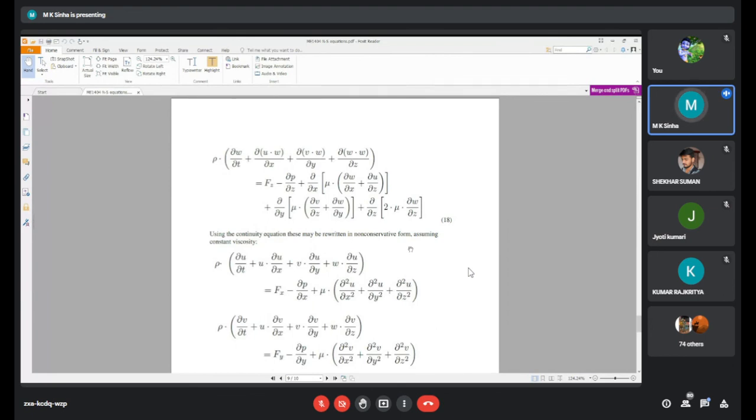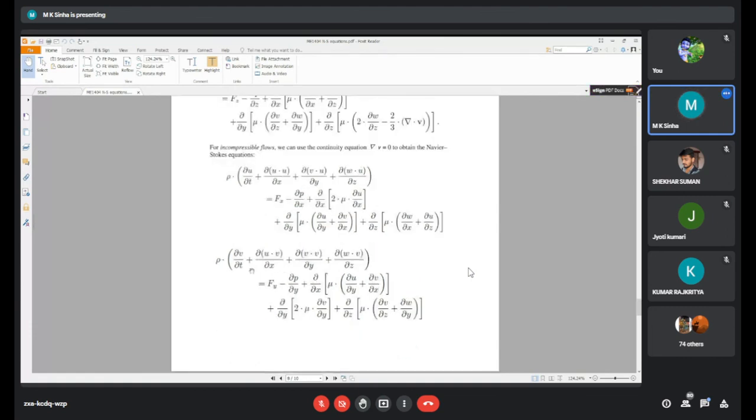Let us see if we can expand it. Then it will become, see, x-axis, del u by del t plus del by del x of u dot u plus del by del y of v dot u plus del by del z of w dot u. How is it written?